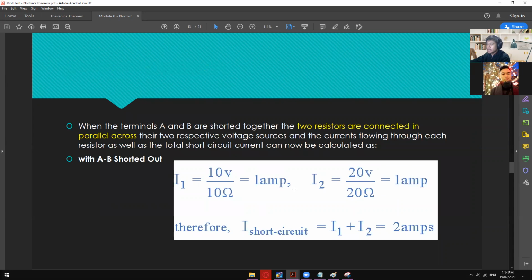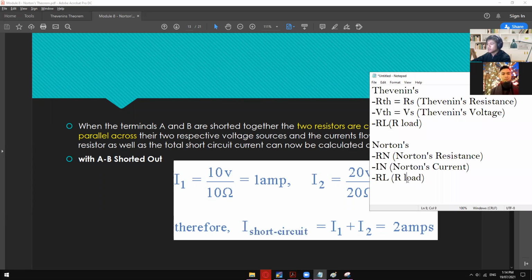So of course, I1 plus I2 is now equal to our IN, or I short circuit. Actually, IS naman yung tawag nila dito. IN is also equal to IS. Those are the other different terminologies for that one.